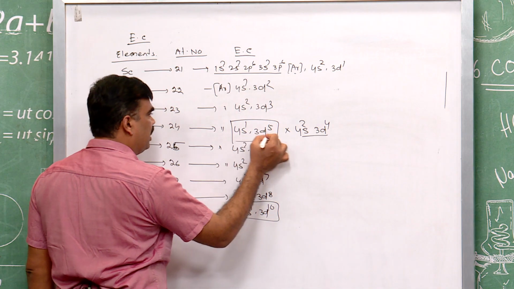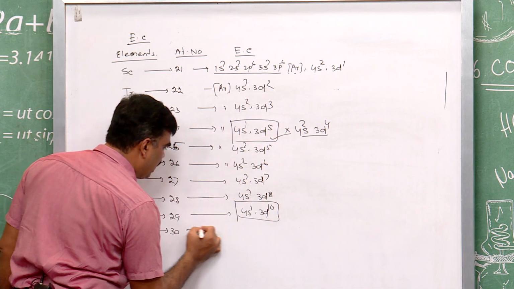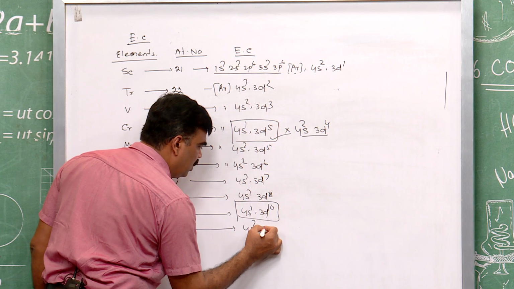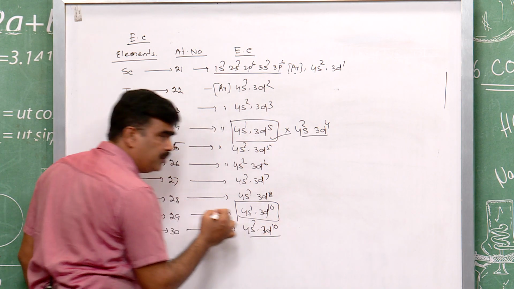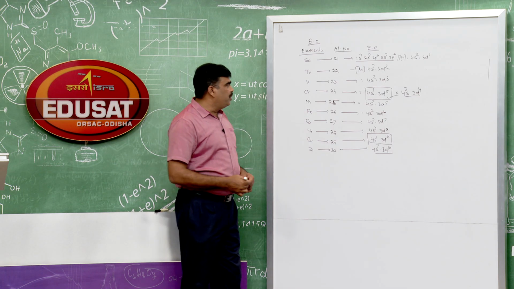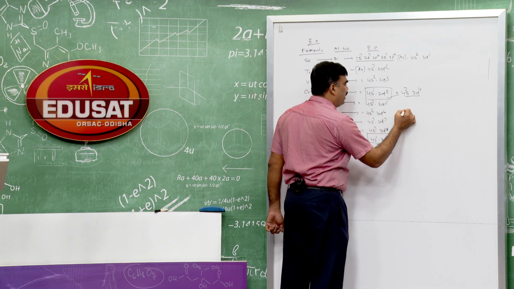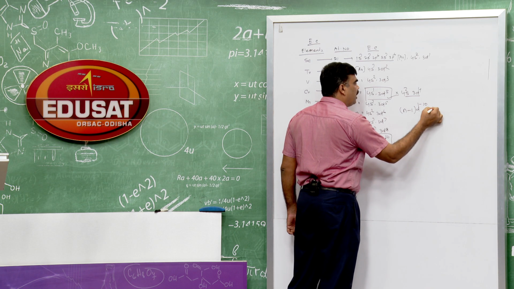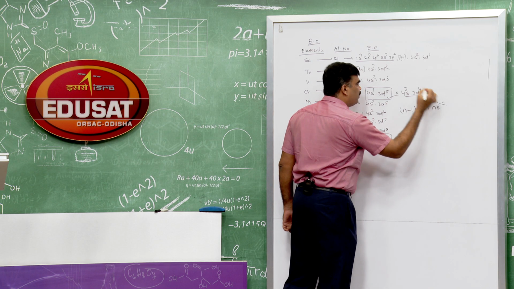So it is the exceptional electronic configuration of copper and chromium. You will be asked a question on this. So the general electronic configuration you see is (n-1)d 1 to 10 and ns 1 to 2.